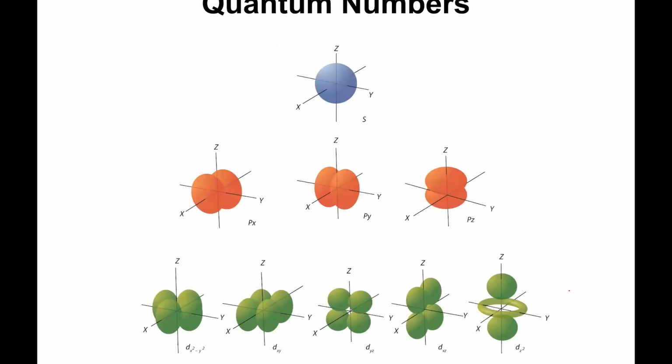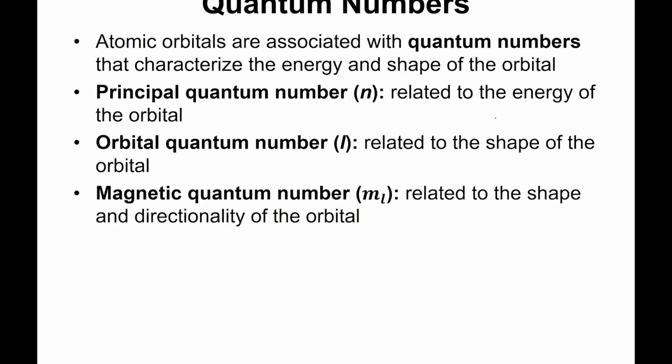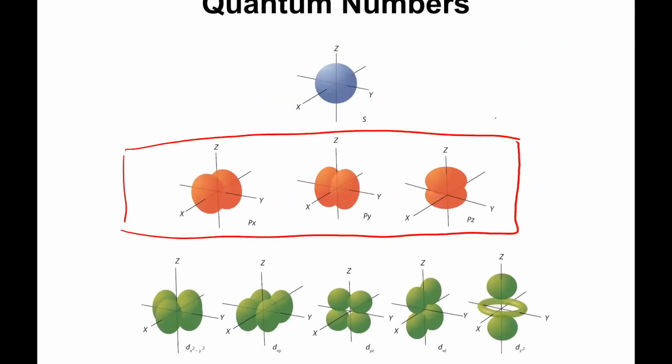So I'm going to bring you back to this picture. One of the easy ways to look at this is in our p orbitals right here. So these are all p orbitals. You can see that there's 3 p orbitals. That's because they actually have 3 of these magnetic quantum numbers, meaning they exist along 3 different directions. There's one that goes along the x-axis, one that we can characterize as going along the y-axis, and the last which goes along the z-axis.